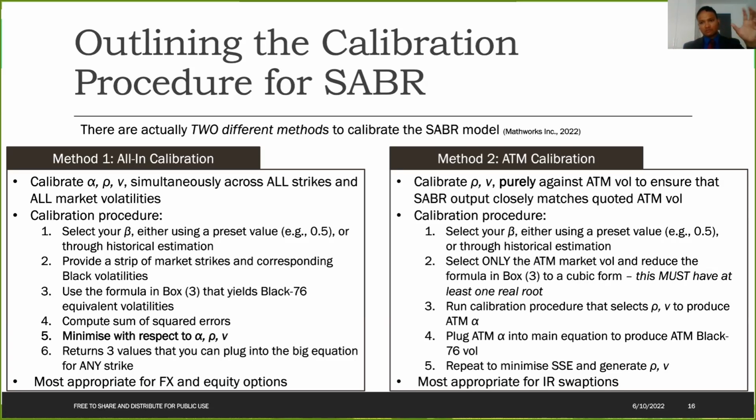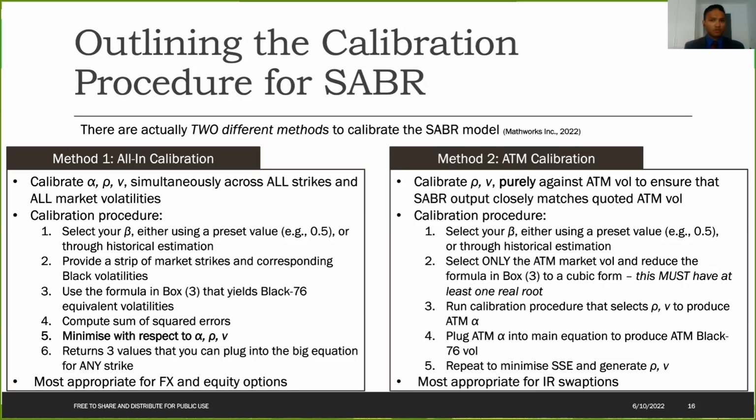It will take this big, horrible equation, and it will take your market volatilities, subtract the two, square the result, and add across all strikes. And then the calibration routine will keep adjusting alpha, rho, and nu until that sum of square errors is minimized, the absolute lowest level it can be given the constraints that you feed it.